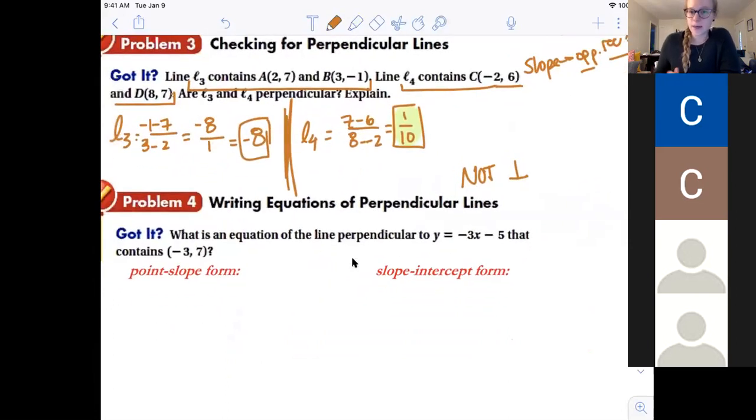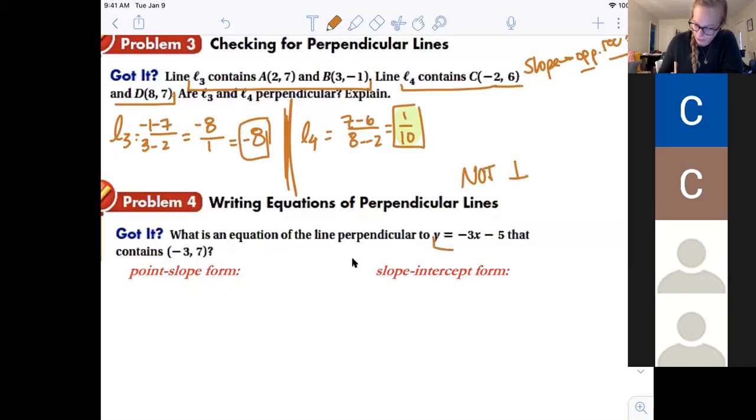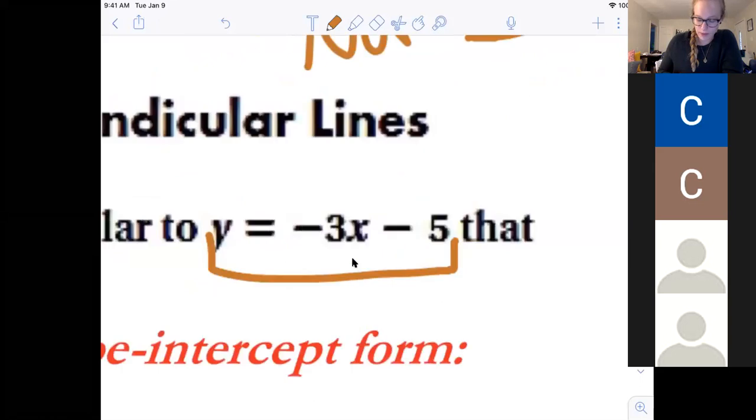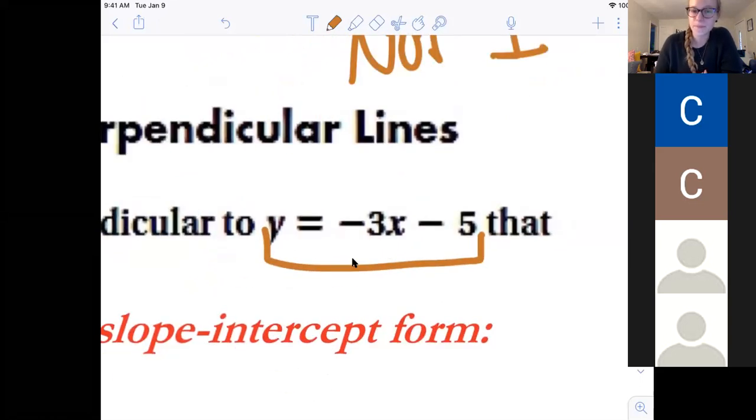All right, now I'm going to need some help on this next one. It says writing equations of perpendicular lines. So just like we did for parallel, we're going to do down here. What is the equation of a line perpendicular to y equals negative 3x minus 5 that contains the point negative 3, 7? My first question is, what's the slope of this line right here? What's the slope of the line you see?